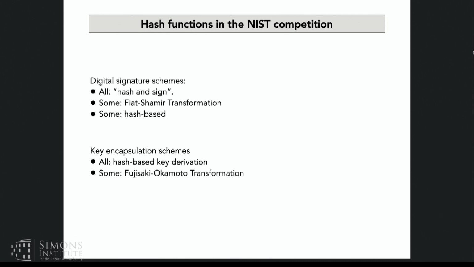Okay. So it seems like all key encapsulation mechanisms that are submitted to the NIST competition, not some, as I wrote on the slide, use the so-called Fujisaki-Okamoto transformation, or at least one of its variants, which is a generic transformation that upgrades the security of public key encryption schemes to achieve the strong notion of chosen ciphertext security.